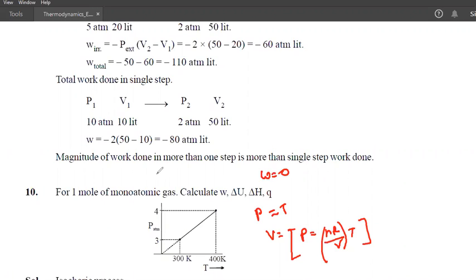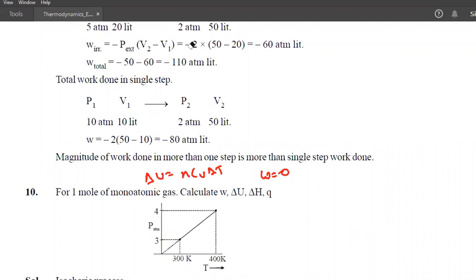And delta U, we know that delta U is nCv delta T, doesn't matter which process it is. Delta U is always nCv dT. Now we know that delta T is 100. So work done will be 0, and unless it is an isothermal process, delta U will not be 0.